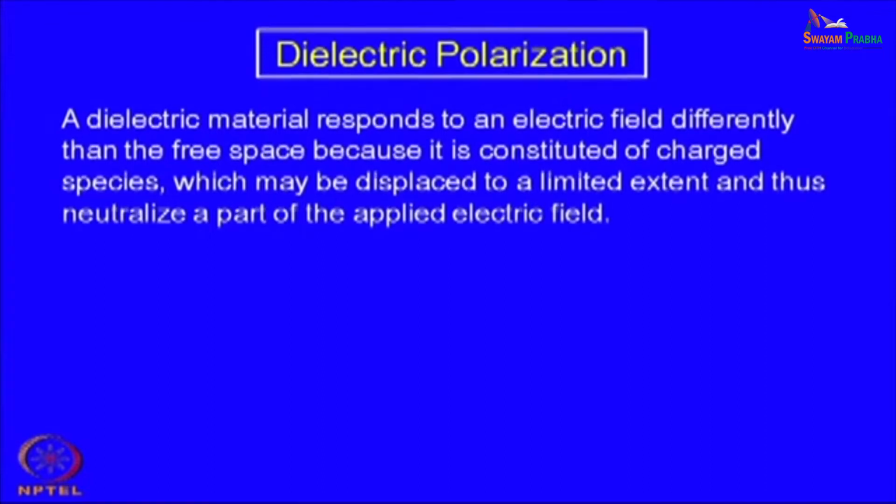So, they move to a very limited extent. They do change their geometric position, but to a very limited extent, and that is the characteristic of a particular material and the particular structure, the particular chemical bond it has, and so on and so forth.